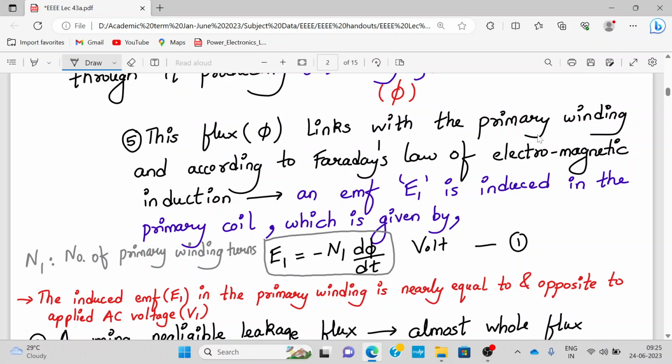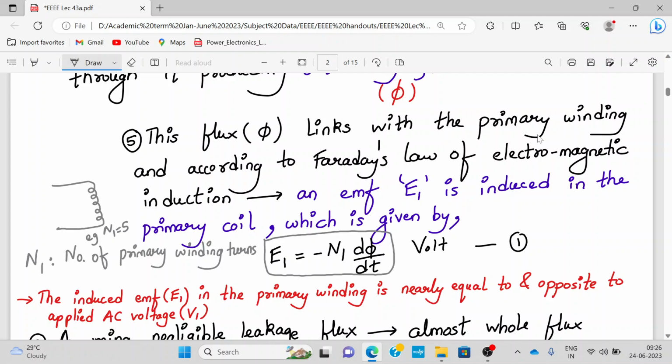Turns in the sense, if this is the primary winding, this is number of turns, 1, 2, 3, 4, 5, let's say. So the N1 over here is 5, for example. Alright, so this is the primary winding, let's say.